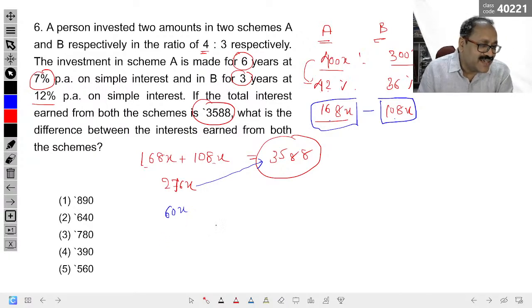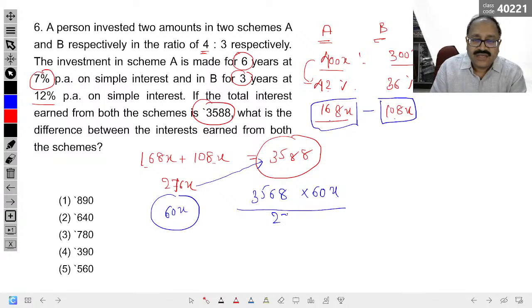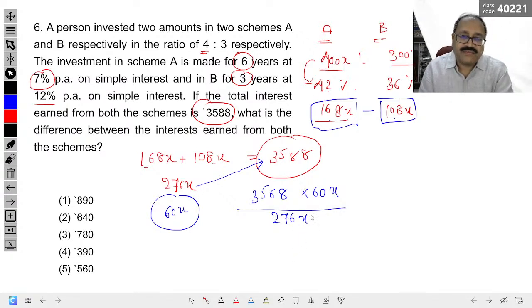Then what we are going to do is 3,588. My requirement is 60x, so multiply by 60x, whereas the given one is 276x. When I come to the cancellation, the x gets cancelled and this gets cancelled 13 times.